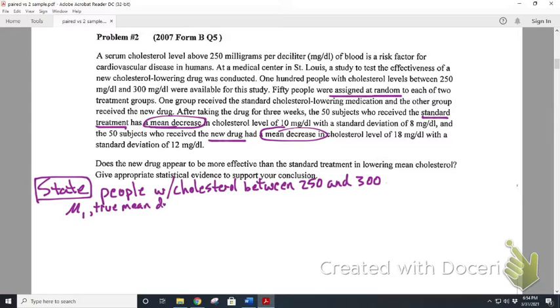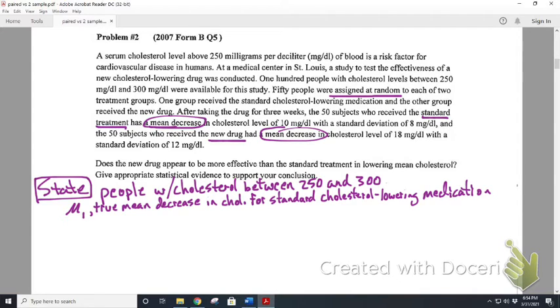True mean decrease in cholesterol. I'm going to abbreviate a little bit for standard cholesterol lowering. I guess I'll spell that out. Medication.